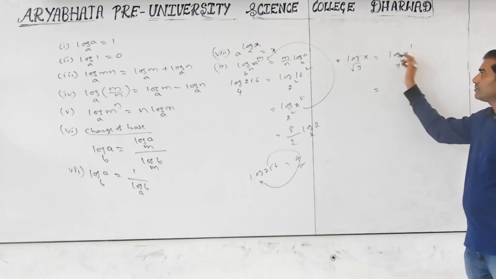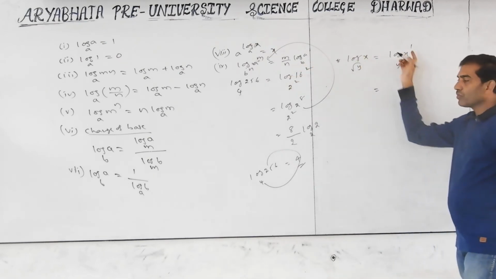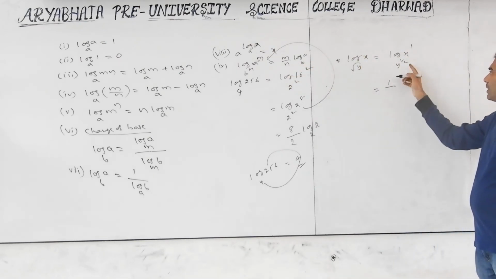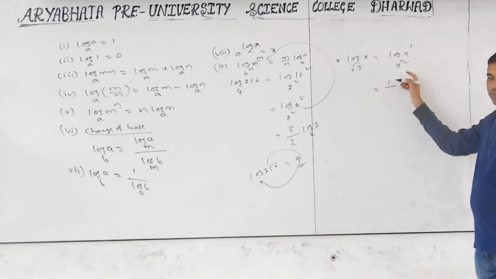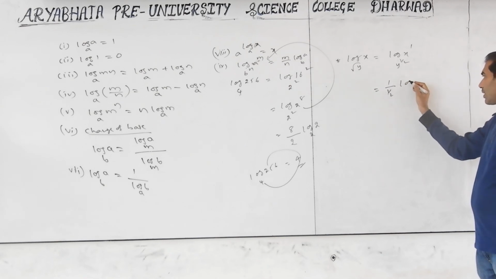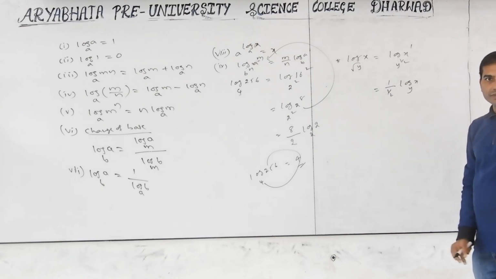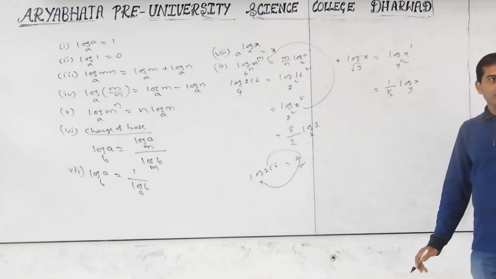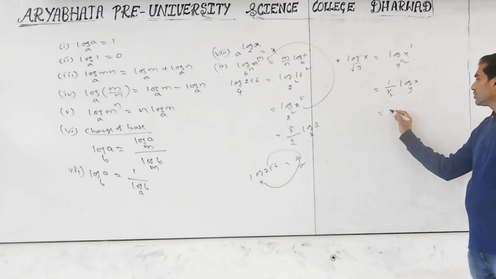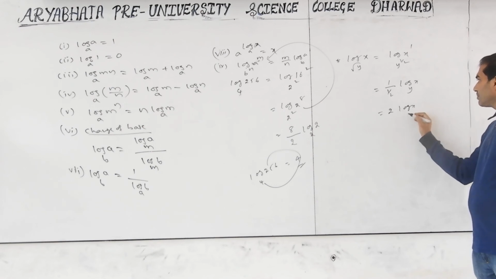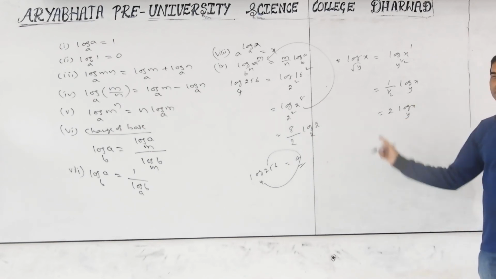M is 1, n is 1 by 2. Log x base 1 by 1 by 2 equals 2 into log x base 1. This is the equation.